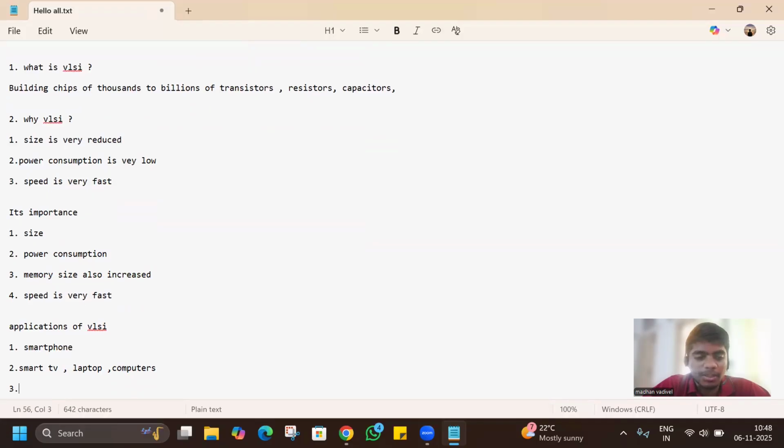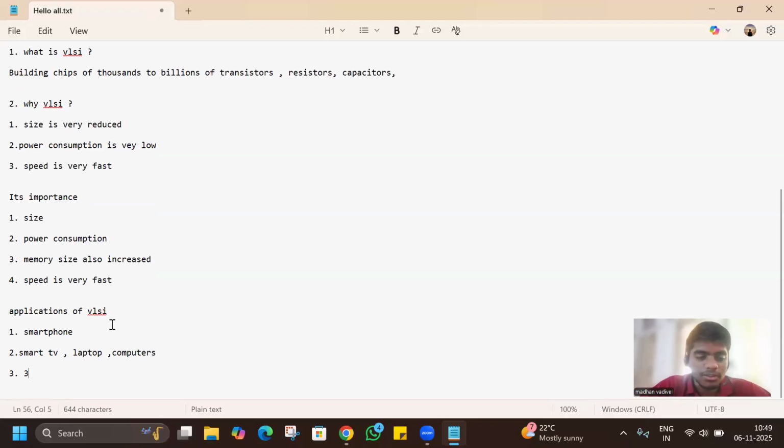Next, we have medical electronics. In the medical field also, we are using electronics. In that side also, we are using VLSI to minimize the size of the component, to carry from one place to another place.